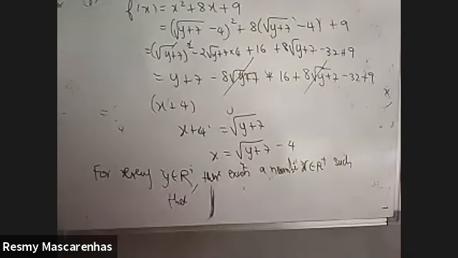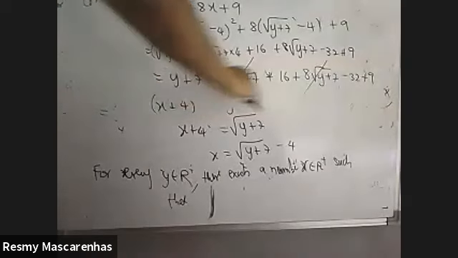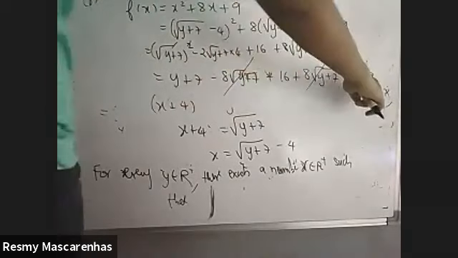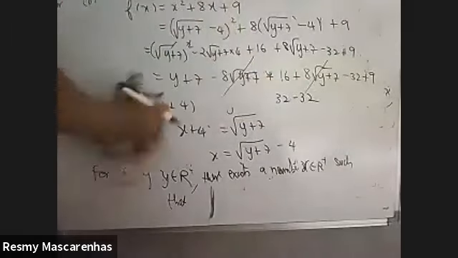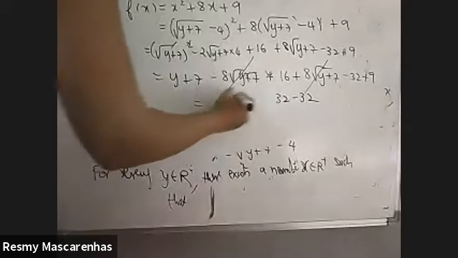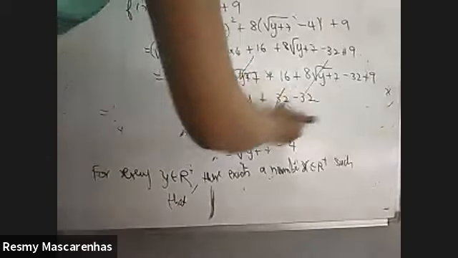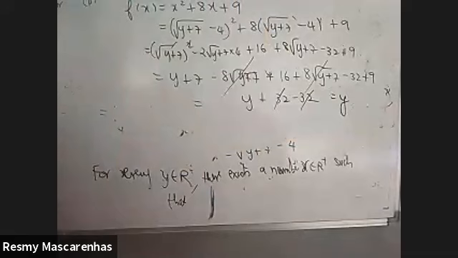Okay. So I think if you add all, this is turning out to be 23 plus 9 will give you plus 32. So that will be y plus 32 minus 32. That will be equal to y.